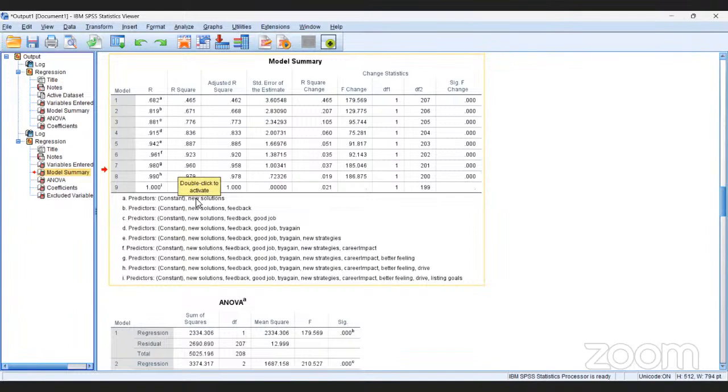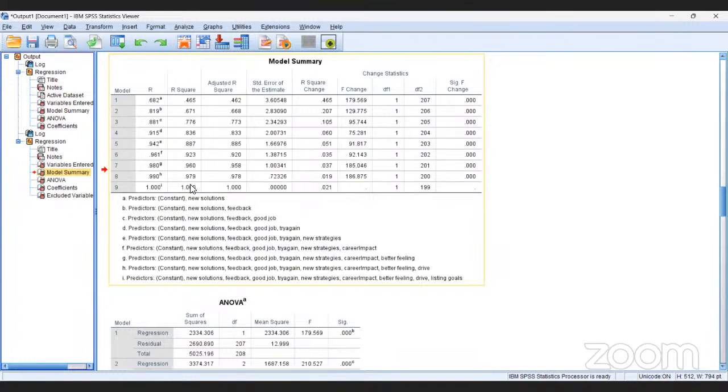So the first model is the new solution. That is 46% variance accounted. And when the new solution and the feedback are both added, then it becomes 67.